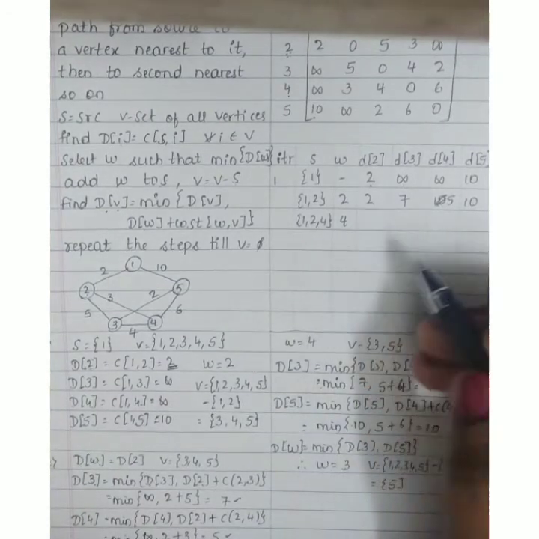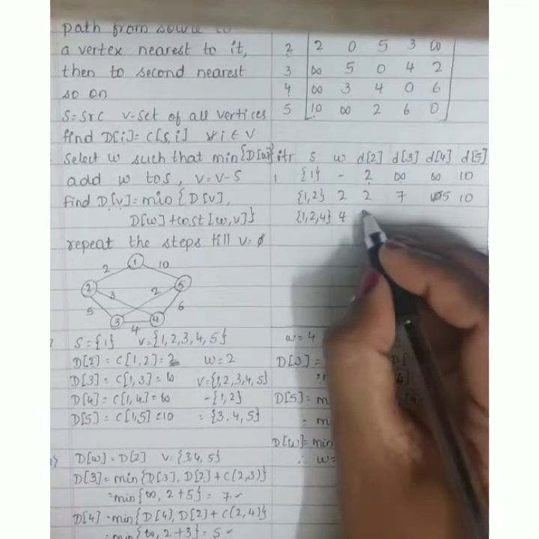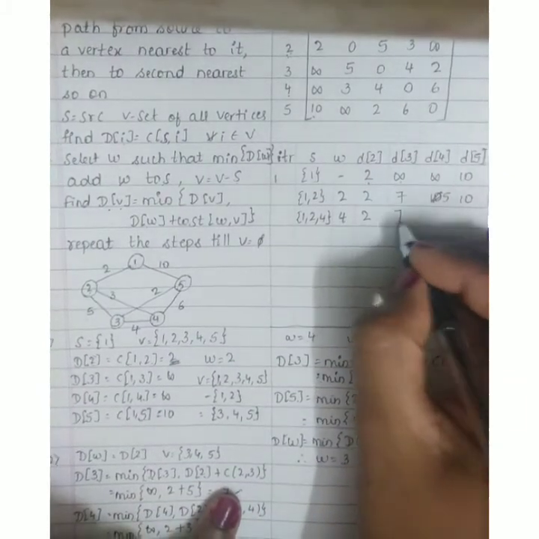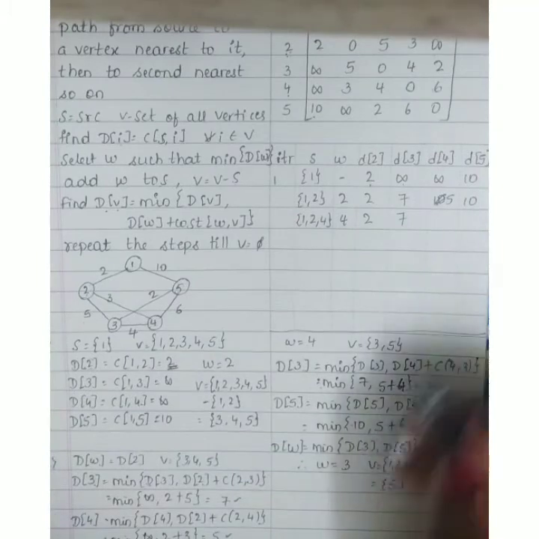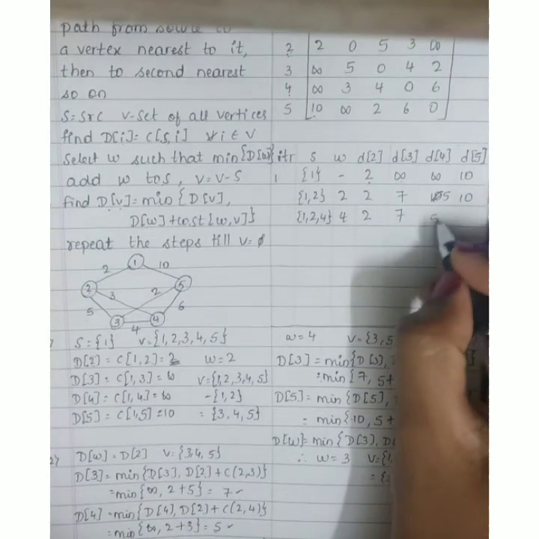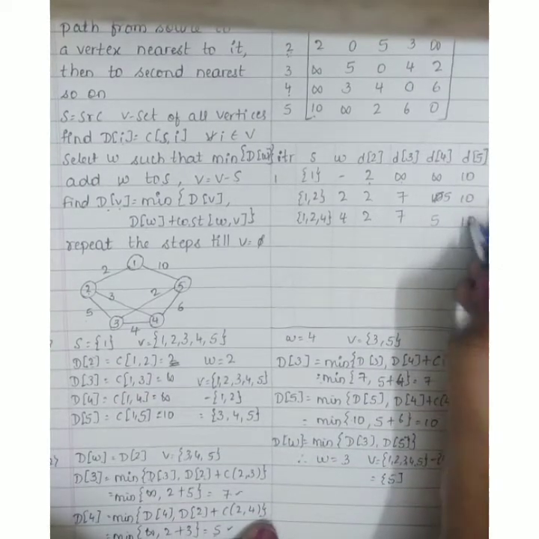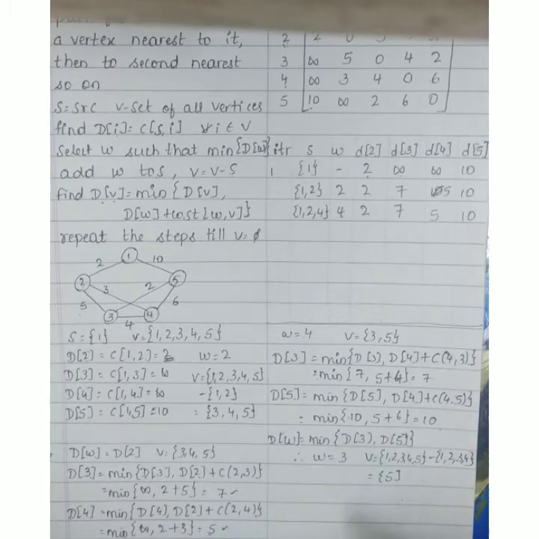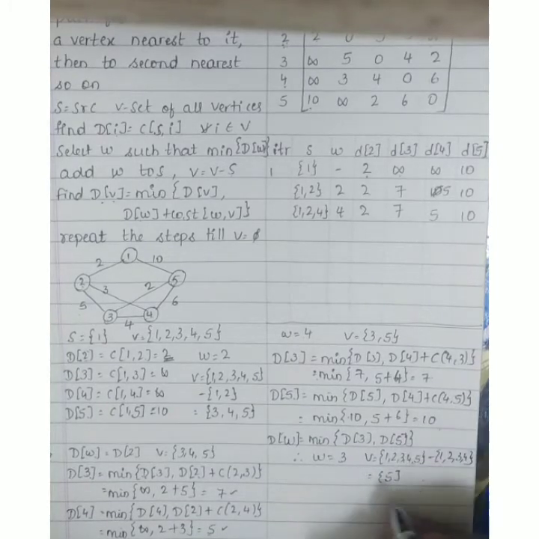So we'll update the table as well. d2 remains as it is, 2. Now d3 remains as it is, 7. Here d4 we have found out is minimum, that is 5, and d5 also remains the same, 10. So now we have included which vertex?